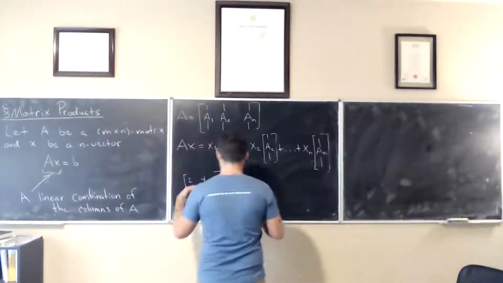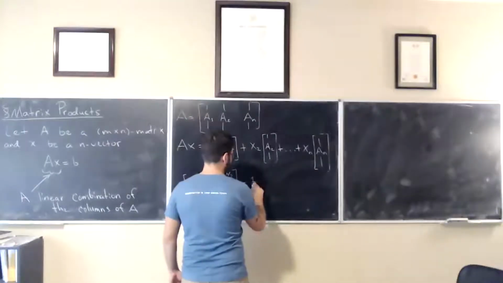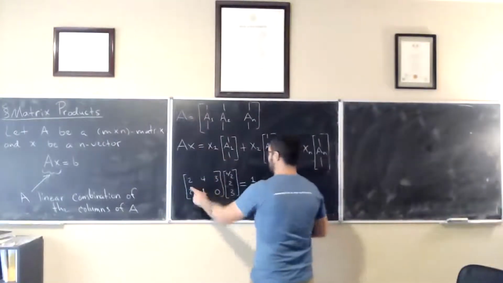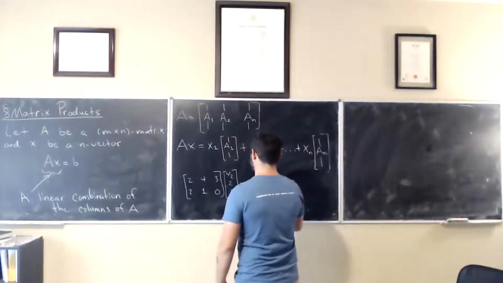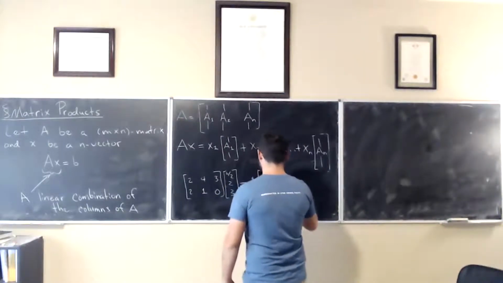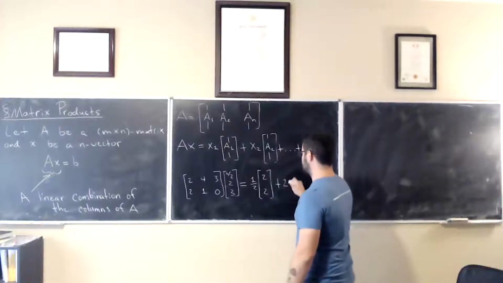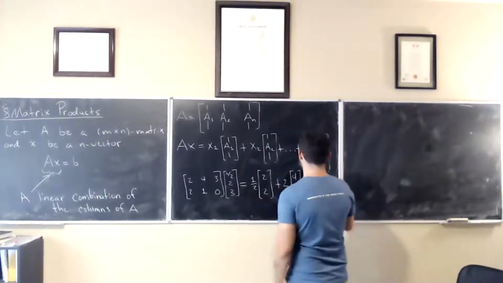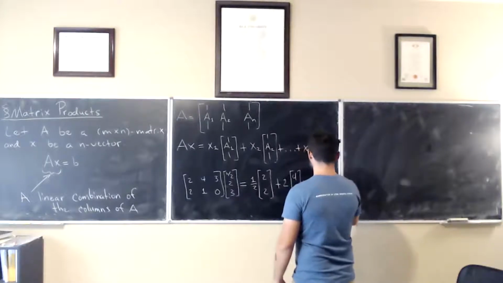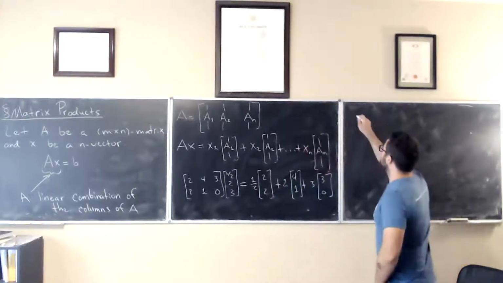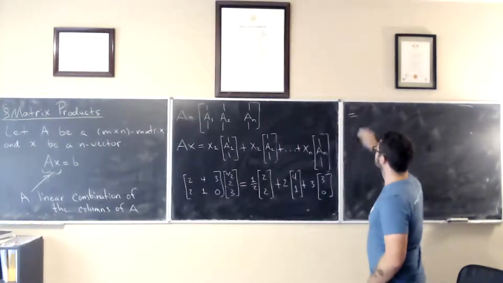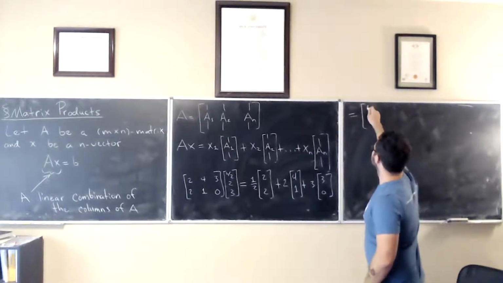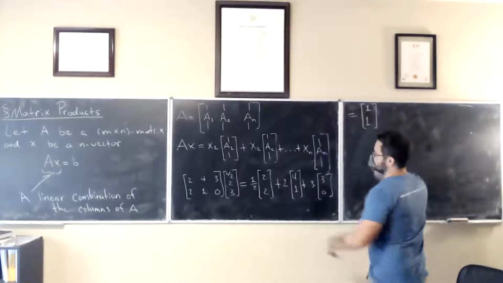So let's look exactly what it'll be. We have a half times the first column plus 2 times the second column plus 3 times the third column. And this is going to be 1 here, right?